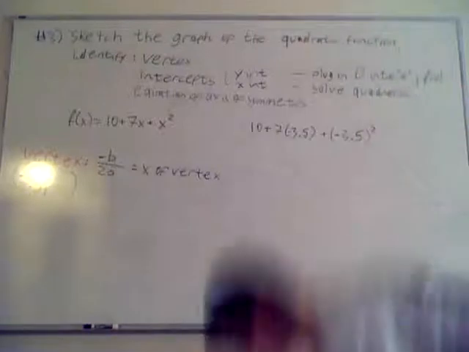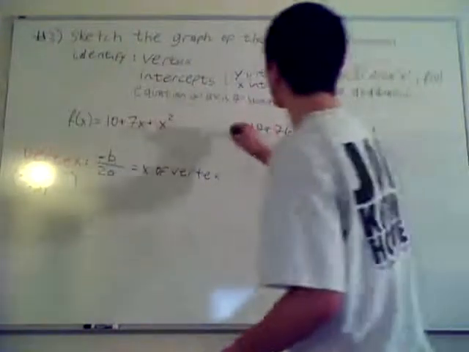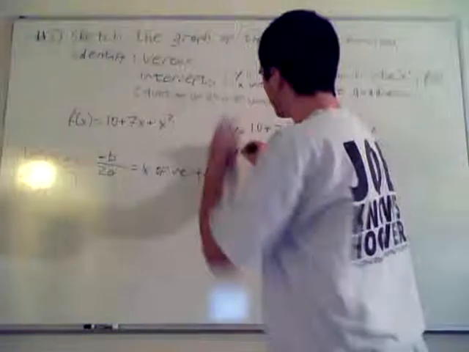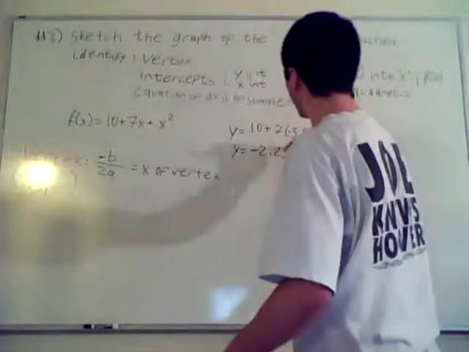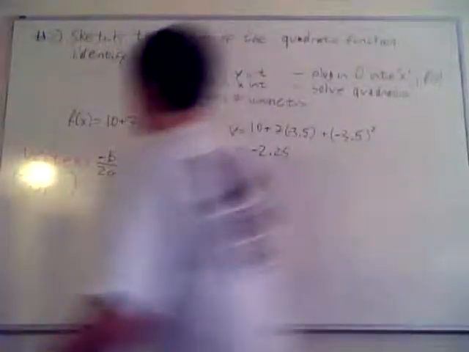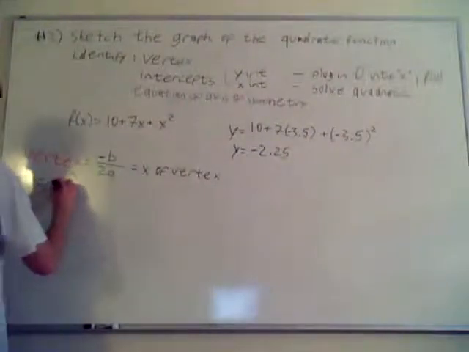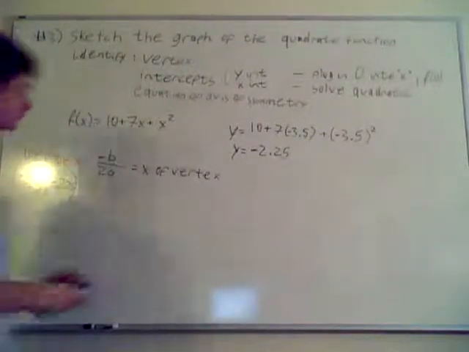Okay. So you get that y equals negative 2.25. Yes? Okay. So this is negative 2.25. Alright?